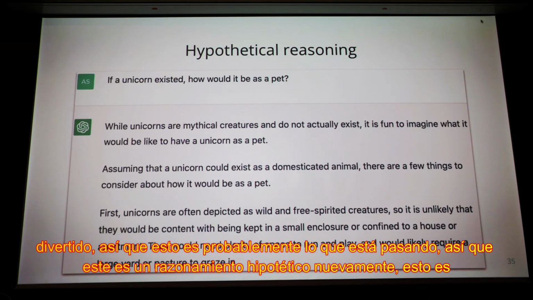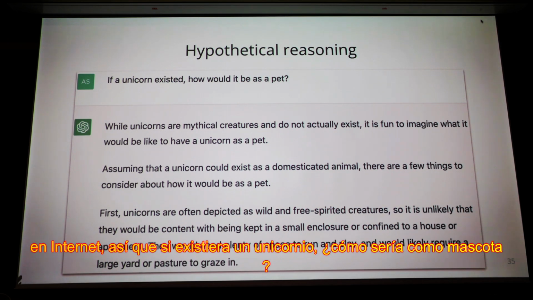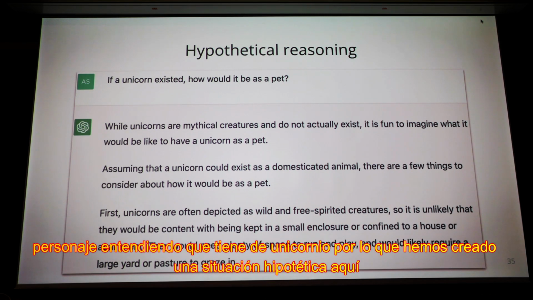So this is hypothetical reasoning. This is interesting because I doubt anyone's ever mentioned this on the internet, right? If a unicorn existed, how would it be as a pet? It goes on to talk about how they're free-spirited and need intellectual stimulation, just based on the understanding it has of the character of a unicorn.